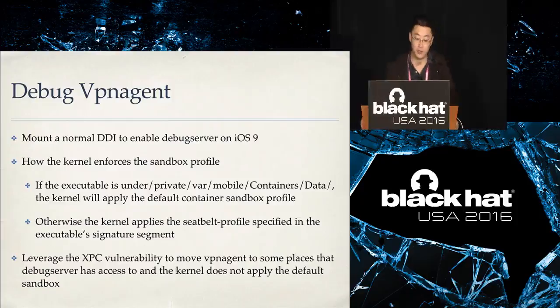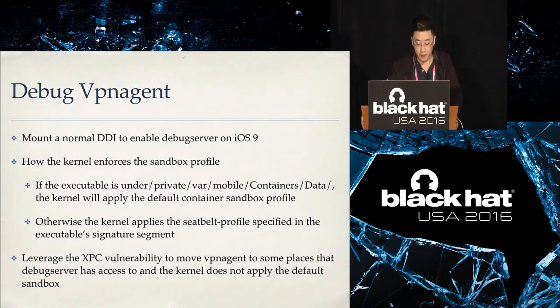So now we try to debug VPN agent. The trick we use is just as we did last time. We mount a normal DDI, so we enable the debug server. And now we use the XPC vulnerability I just introduced. We move the VPN agent into some place where the debug server has access to, but where the kernel doesn't apply the default sandbox.